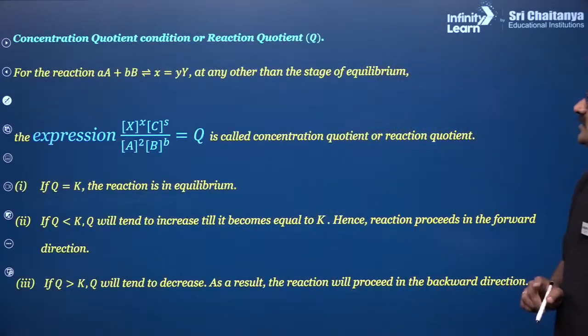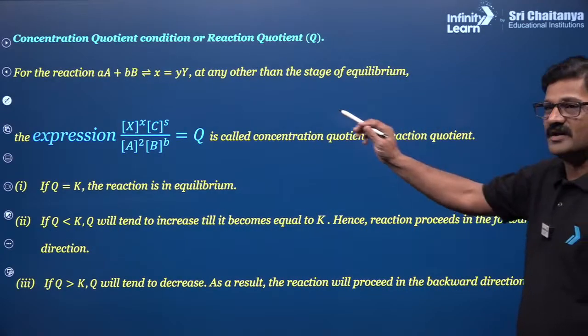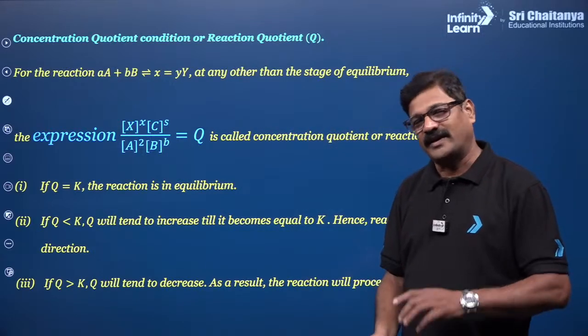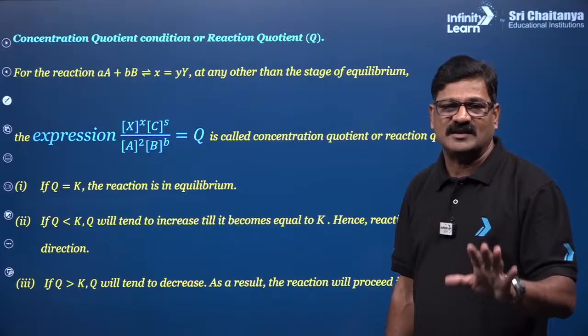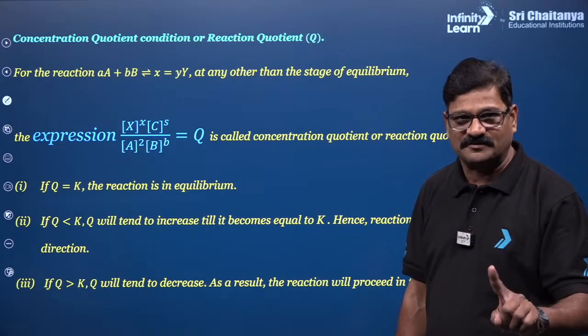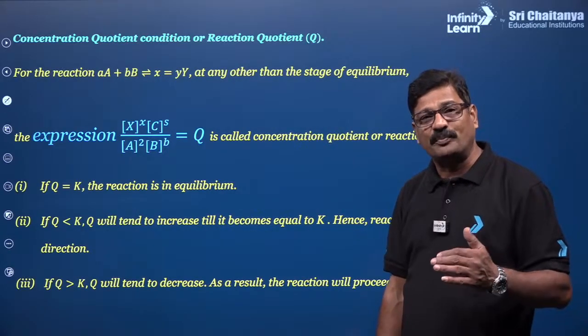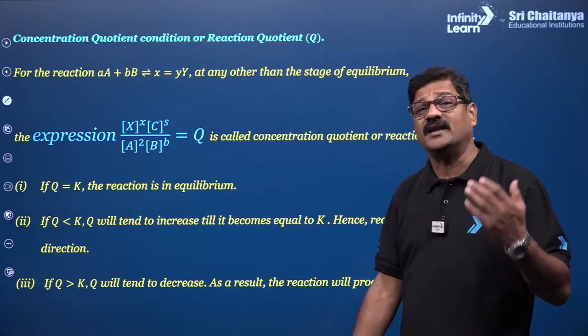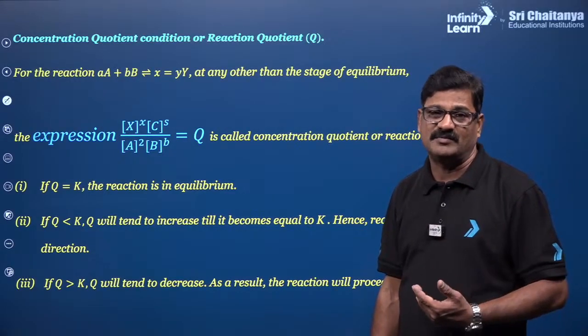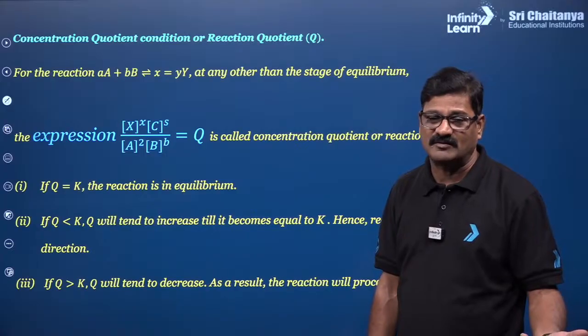Okay, and the concentration quotient is called the reaction quotient. Kc and Kp are studied at the state of equilibrium. It could be Qp or Qc. That is the same expression, but at any situation during the process, it may or may not be at equilibrium.